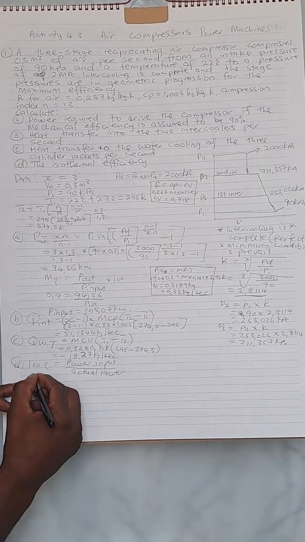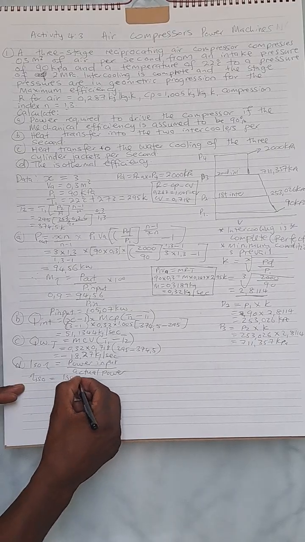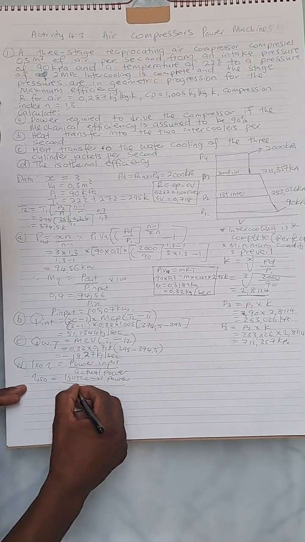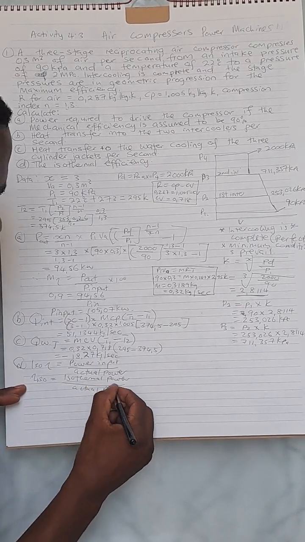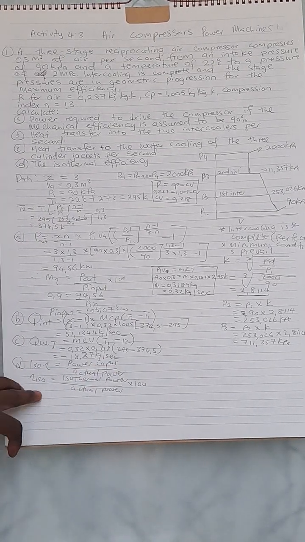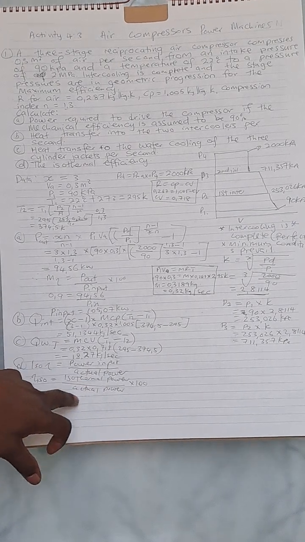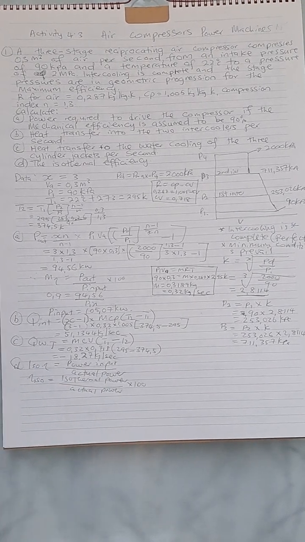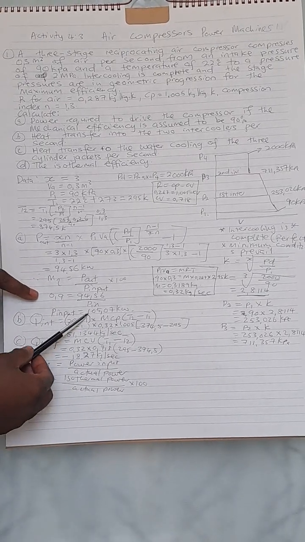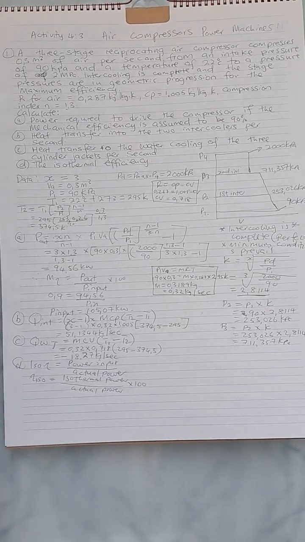But we can also use isothermal efficiency equals isothermal power divided by our actual power times 100. We have our actual power, which we calculated initially. We got it as 105.07, but we don't have our isothermal power.